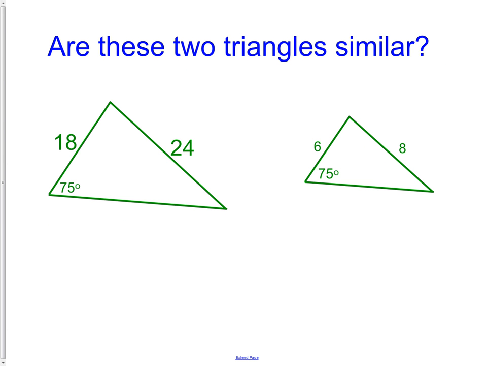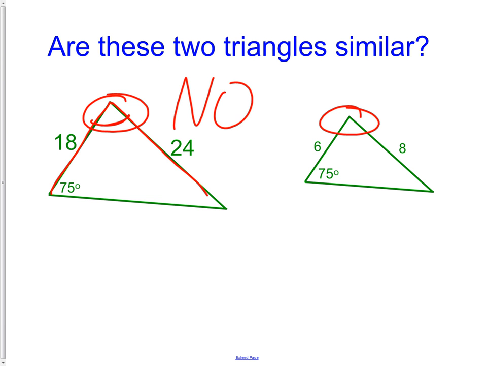That means we would need the angle between the two sides. If I trace the side with the 18 and I trace the side with the 24, the angle would need to be between them. It is not. Therefore, we can stop right now and say no. Even if the sides are proportional, the angles are not in the right spot, so we cannot say that these are similar.